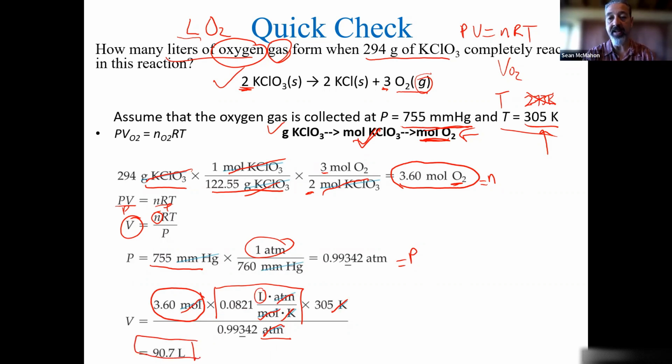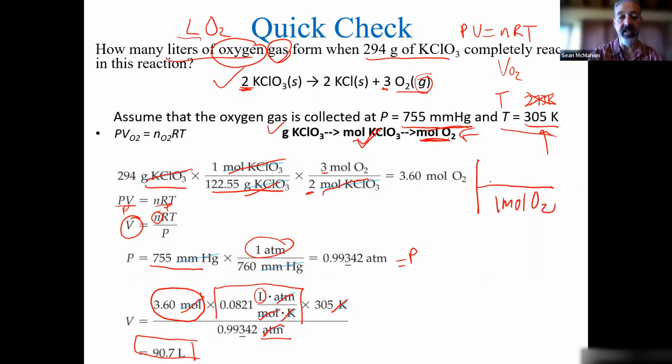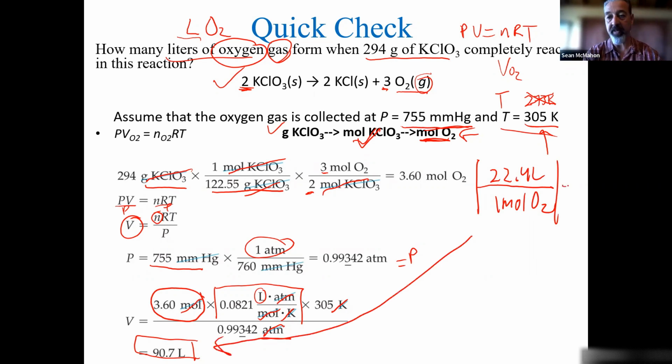Okay. Now, again, if this was at STP, it'd be a lot easier, right? Because at STP, you would just have one more conversion factor: 1 mole of any gas is 22.4 liters. And you'll see it's very close to this, but it will be slightly different. Actually, might as well give you that number since I'm here.